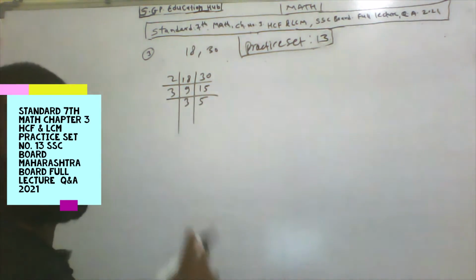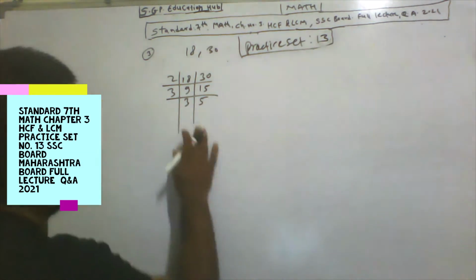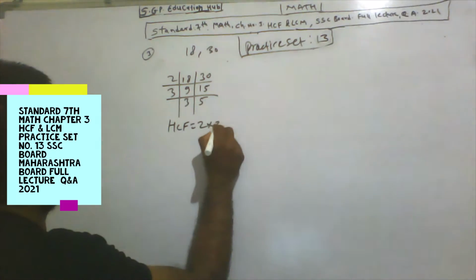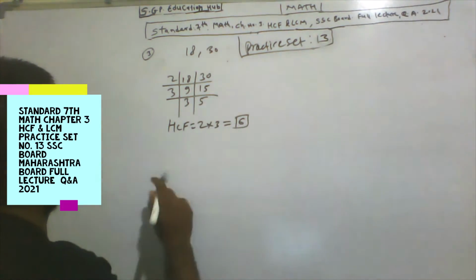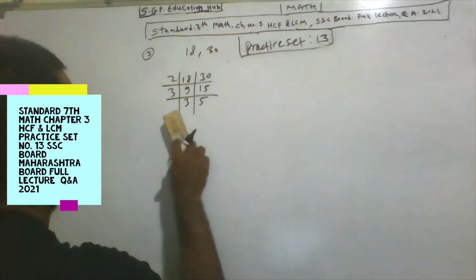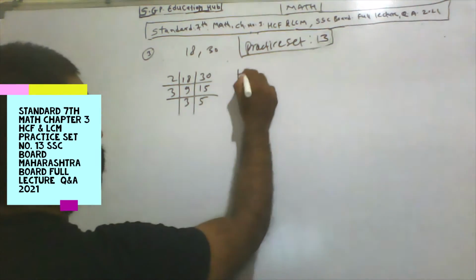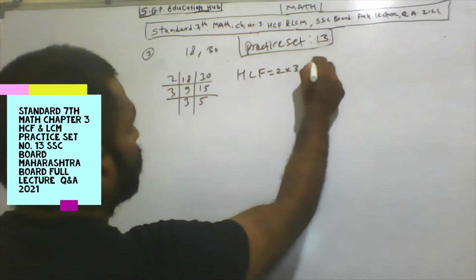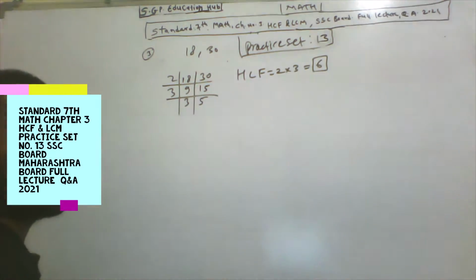So these cannot be divided more. So HCF is 2 into 3, which is 6. 6 is the HCF. Now find out the LCM.